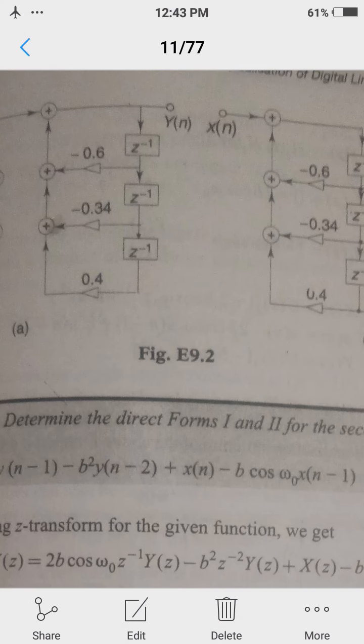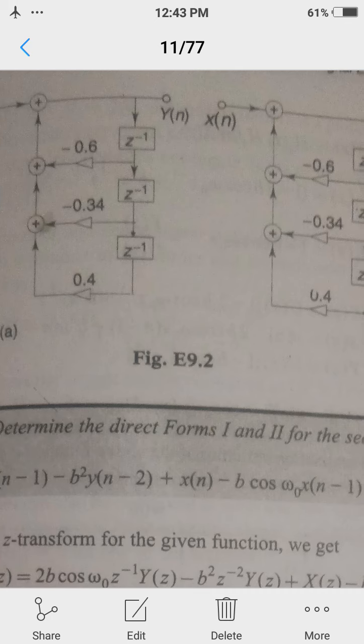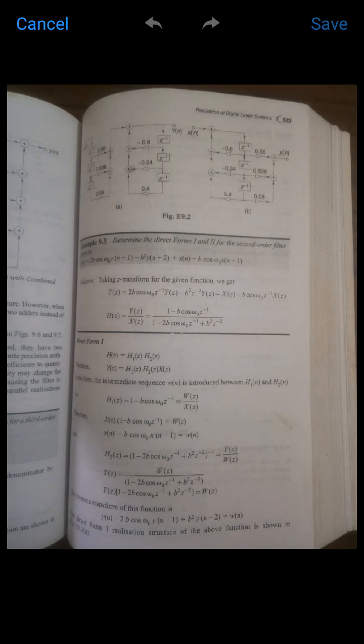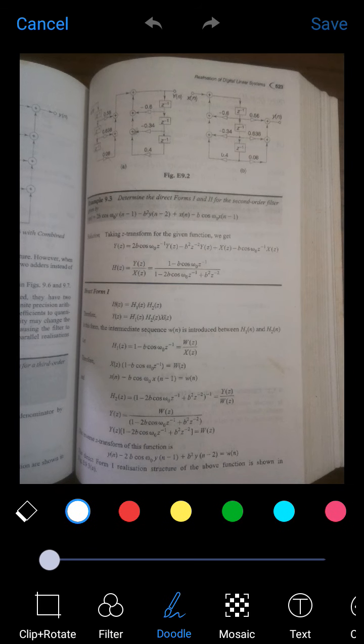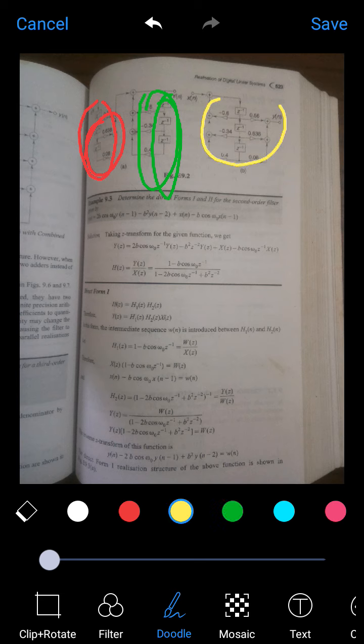Here you can see the coefficients of the denominator, this part is the coefficients of the denominator, and this is all the zeros. So these are all the poles and these are the zeros, and the combined form of the two is this.